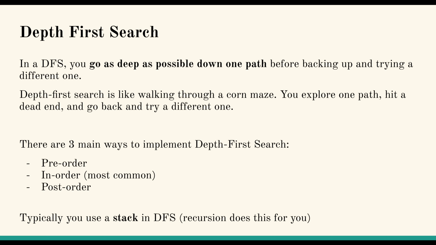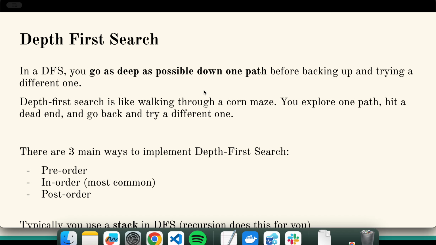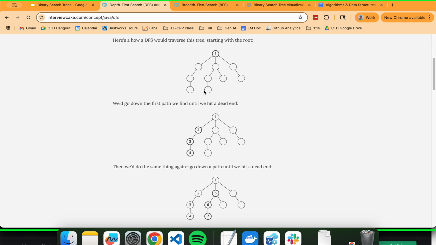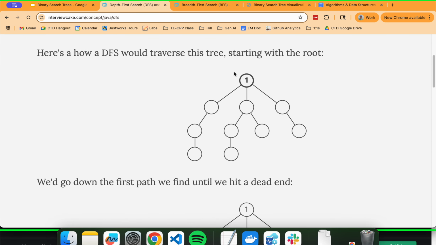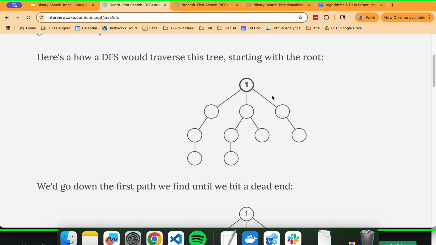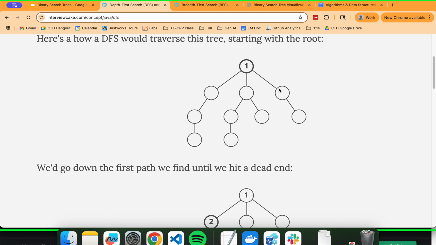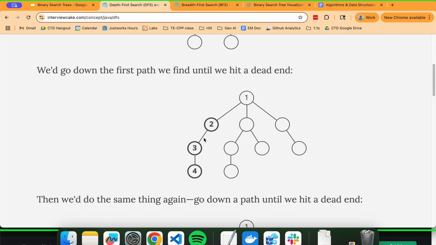But I kind of want to show you what depth first search looks like first, so I'm borrowing this from a blog. And so here we go. Try to zoom in. Okay, so this is just a visualization. If you're traversing this tree, you're starting with the root, you go all the way down this first path till you hit a dead end.